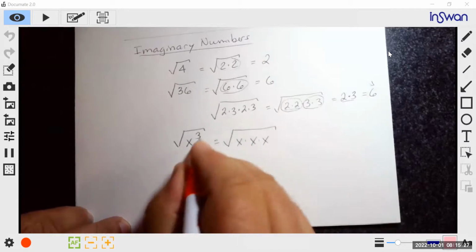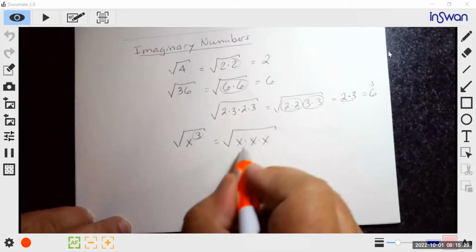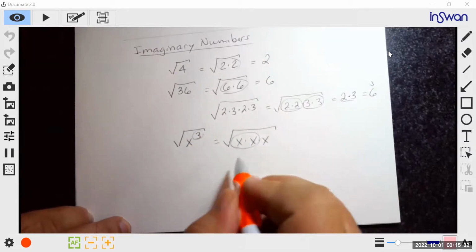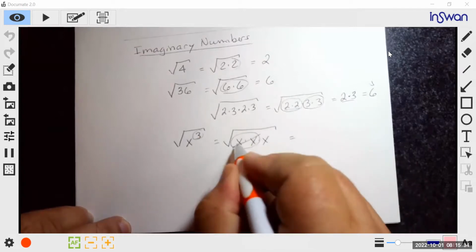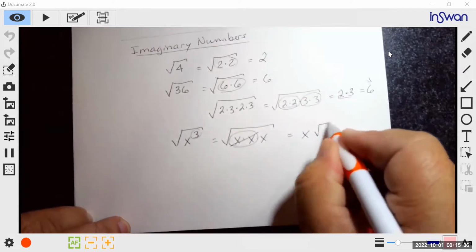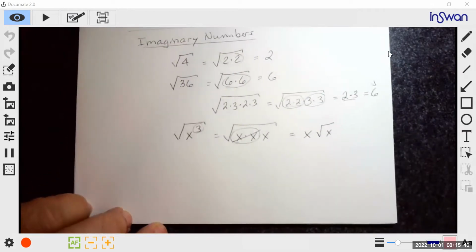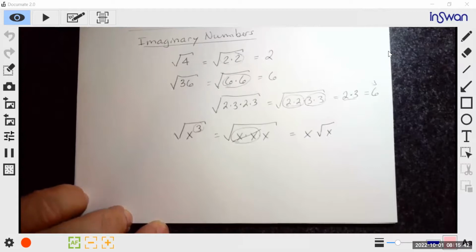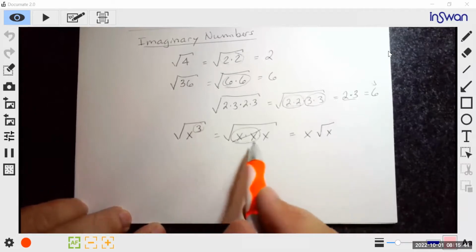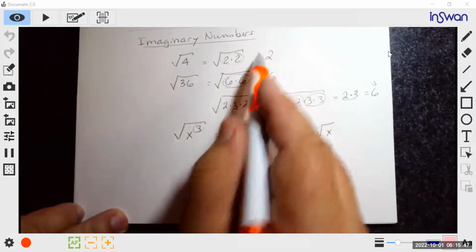That's what x cubed means. Once we see 2 of a kind, that comes out in front. So that's what we end up with as our final answer. In other words, we need to have 2 of the same type of numbers to pull it out and make it a perfect square root.